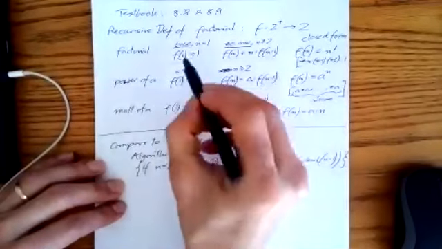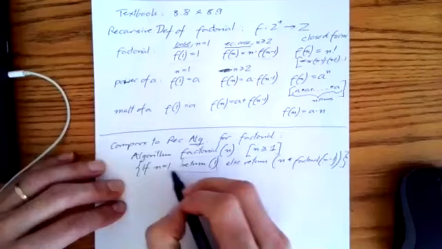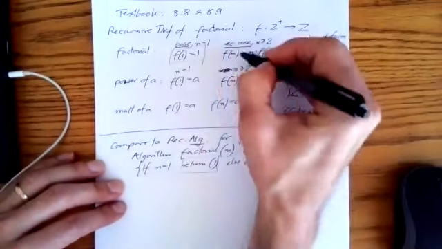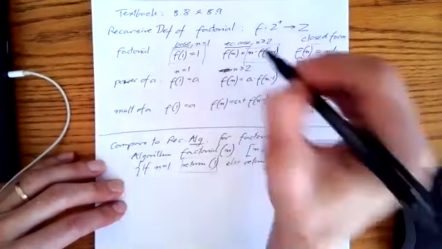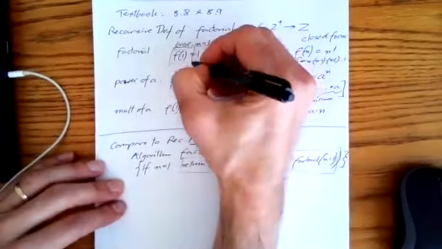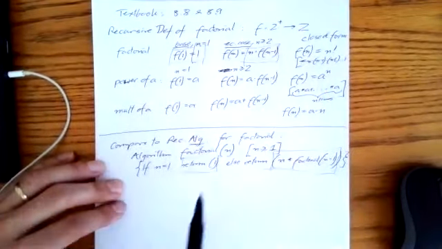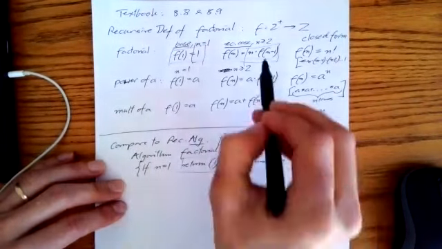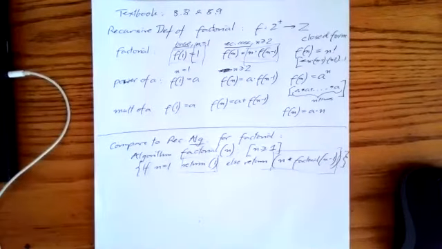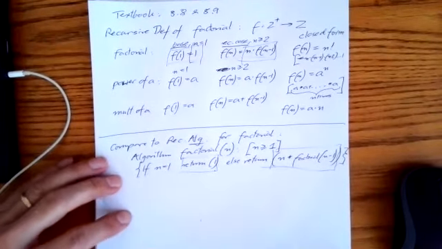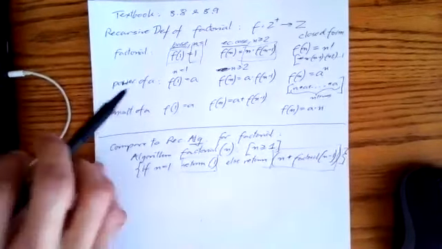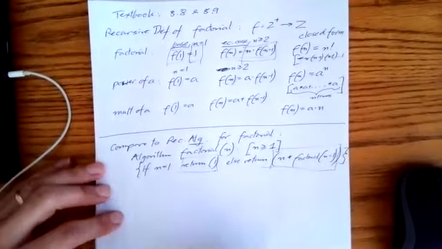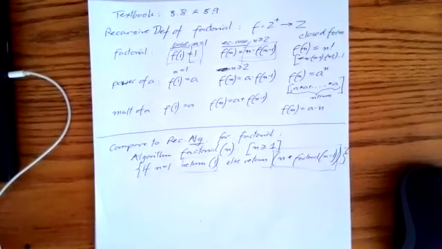And it's one-to-one: here is my base case, here is my recursive case. So there is a one-to-one correspondence between a recursive definition of a function and a recursive algorithm that computes that function.